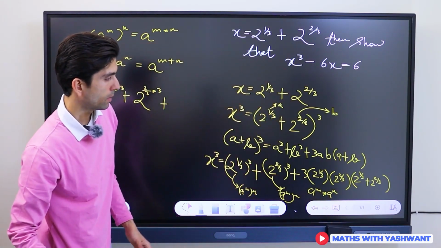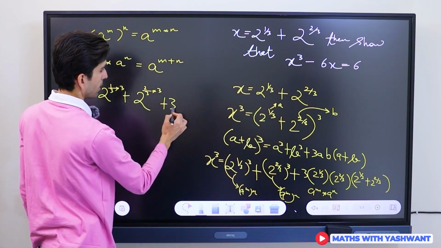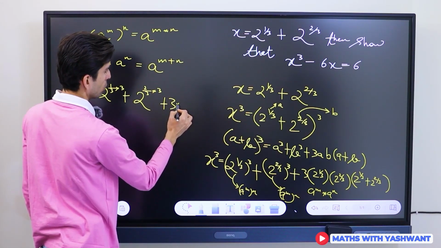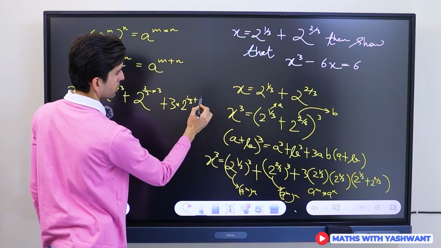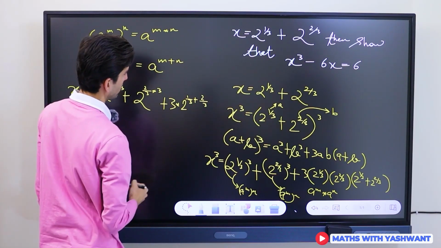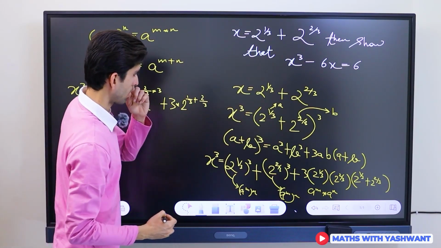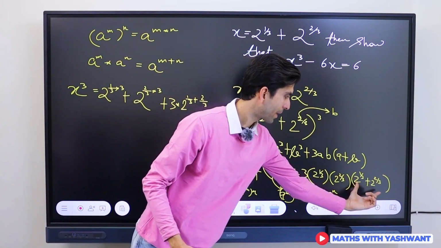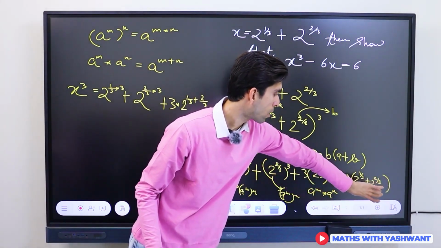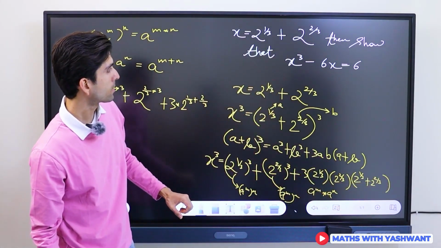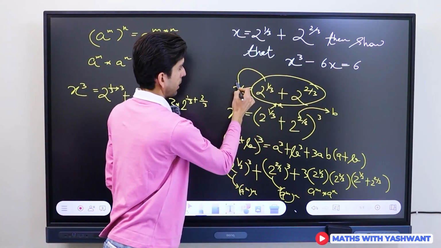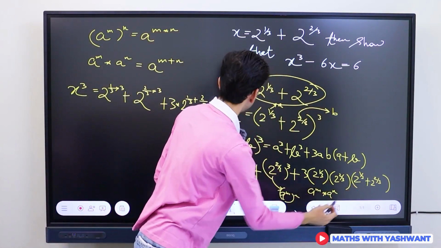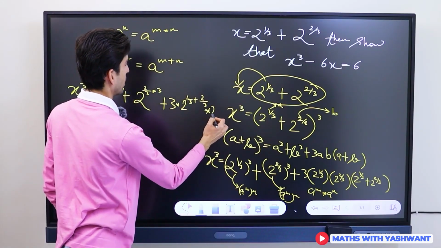So we'll add the exponents. So we get 3 into 2 to the power 1 by 3 plus 2 by 3, and this is in the multiplication form. So for this I can write x, right? Because the value of this is x. So in place of this I can write x into x.